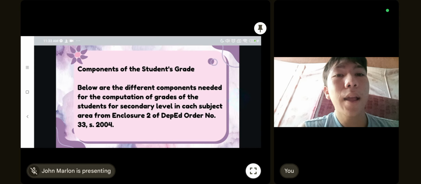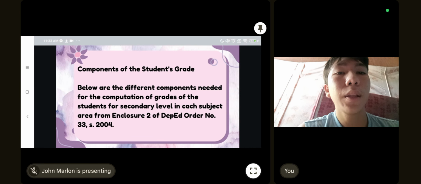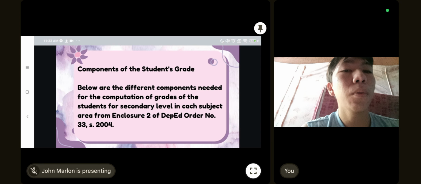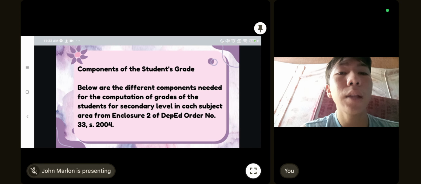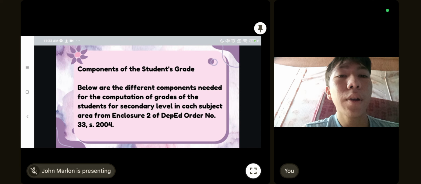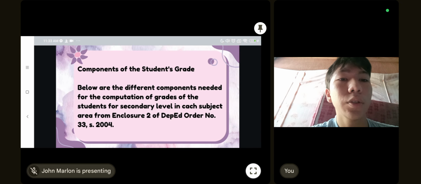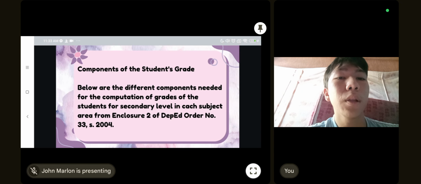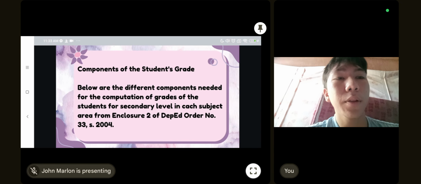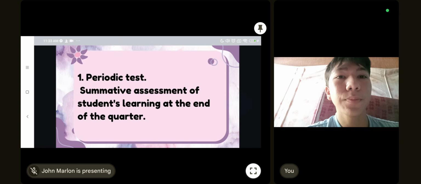Now we have the components of the student grades. Below are the different components needed in the computation of grades of the student for the secondary level in each subject area, from Enclosure 2 of DepEd Order Number 33. Number one, we have the periodic test, a summative assessment of student learning at the end of the quarter.